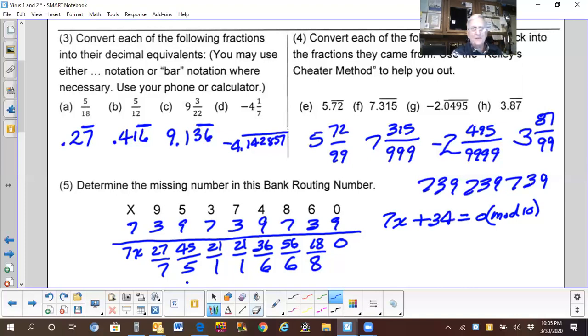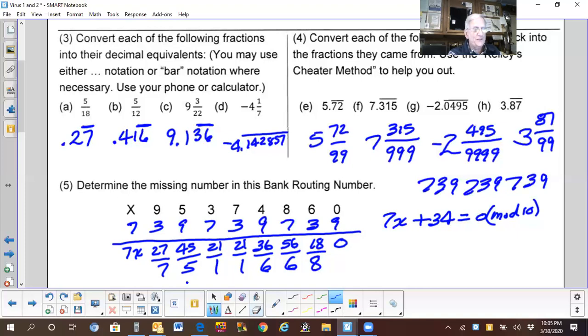Now I have to ask myself, what does 7x, if I multiply 7 times whatever my value of x is, x has to be a one-digit number, what number times 7 will end in what I need to make 34 end in a 0?